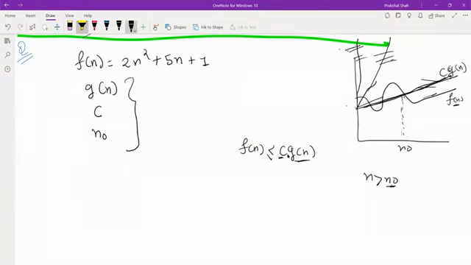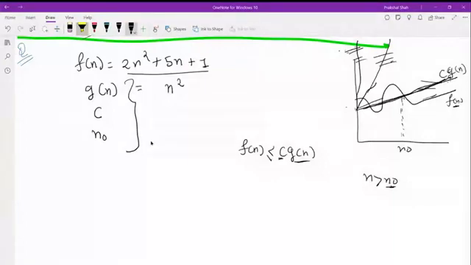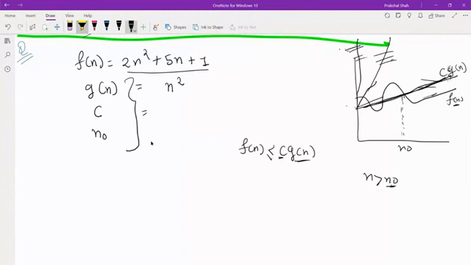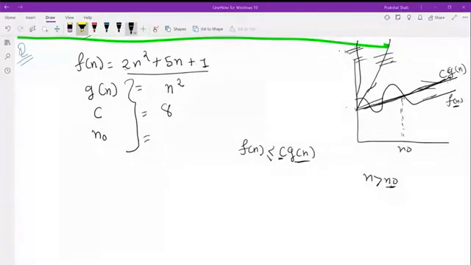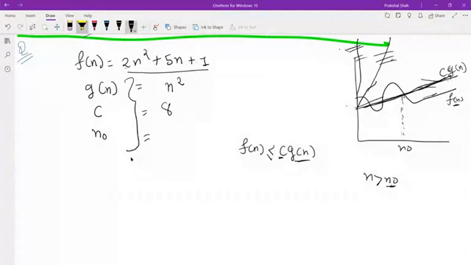Okay. Now, since this is following n square, like second degree, first of all I will put g of n equal to n square, and I will check whether it will work or not. And I'll put c as the sum of the coefficients, let's say 5, 2, and 1, which is 8. Then I'll find this n naught, the point for which my value will hold true.